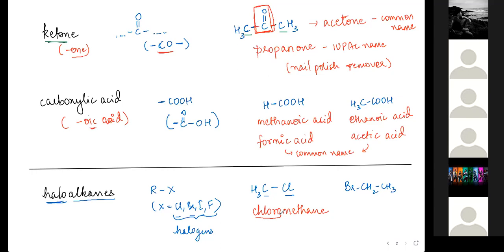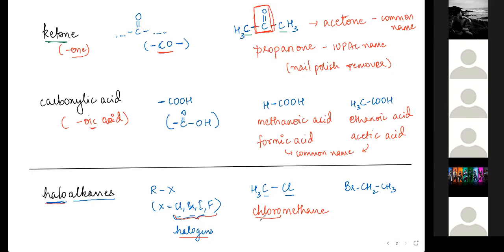Ma'am, can you explain haloalkanes again? I'm not getting it. Okay. Haloalkanes, simple: halo means there is a halogen in it, and it is an alkane. In the whole alkane you just take one hydrogen out and put a halogen in its place. We call this group of elements chlorine, bromine, iodine, and fluorine halogens.